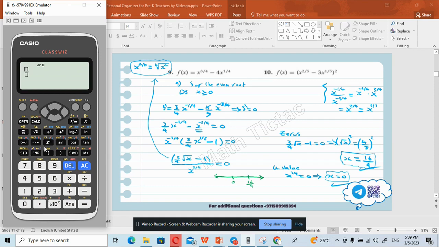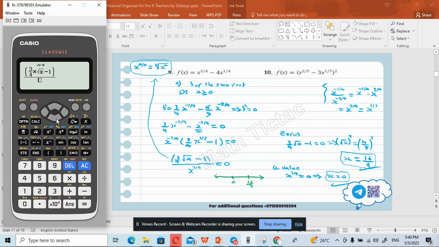So in here, parentheses, 3 over 4, multiplied by square root of x, then minus 1, then close the parentheses.